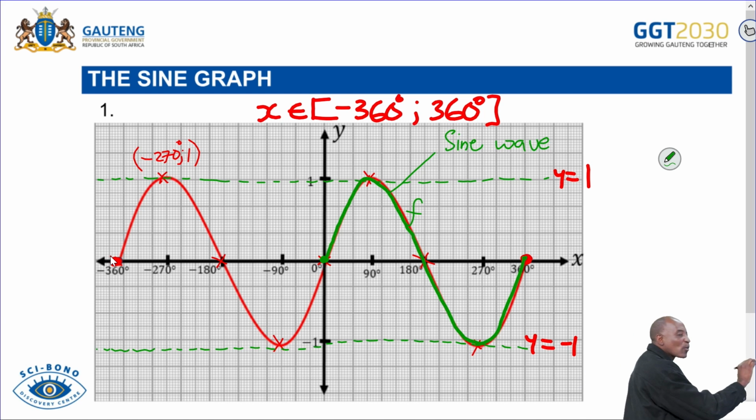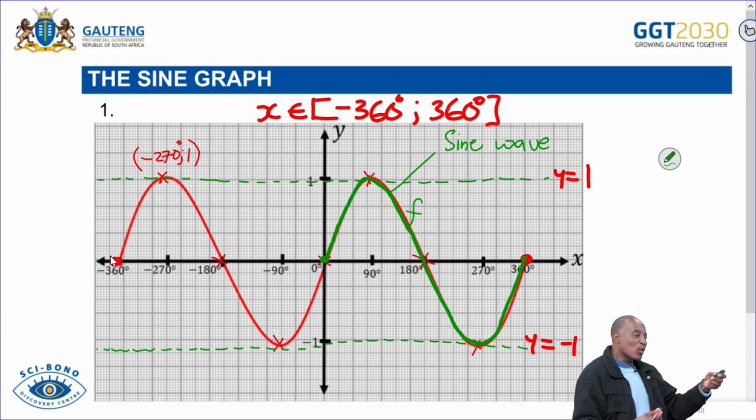Meaning, if I go back to the sketch now, if this graph is to displace itself upwards, it can only go a maximum of 1 unit. If it's to displace itself downwards, it can also go a maximum of 1 unit to the lower or negative direction.